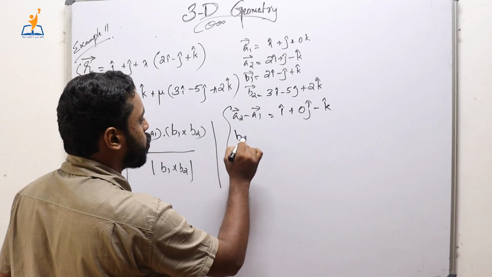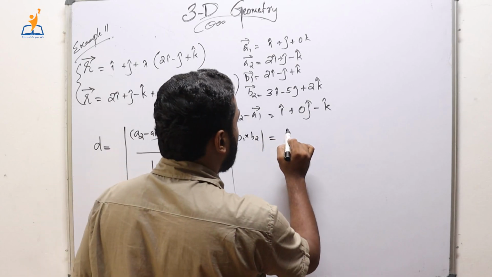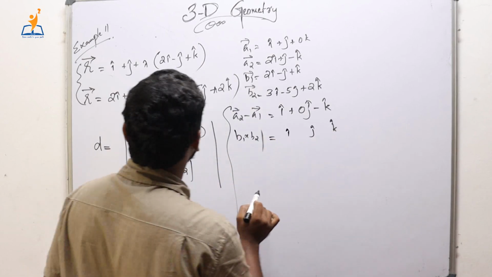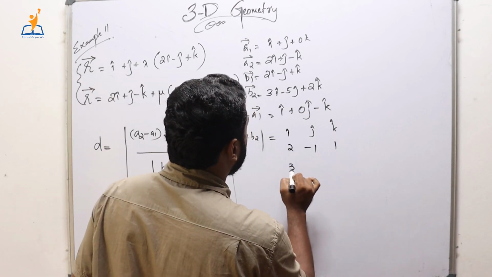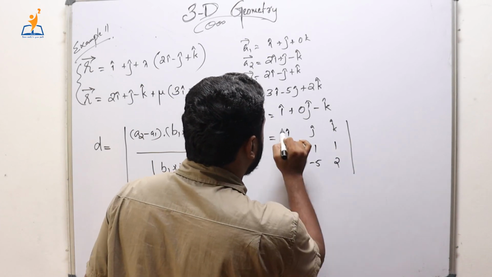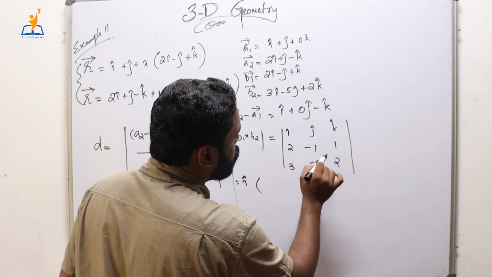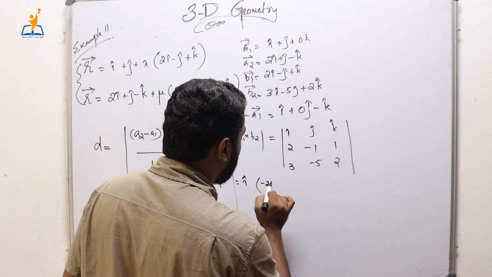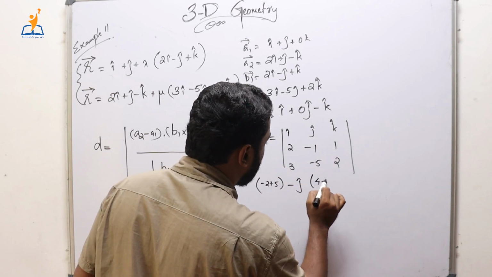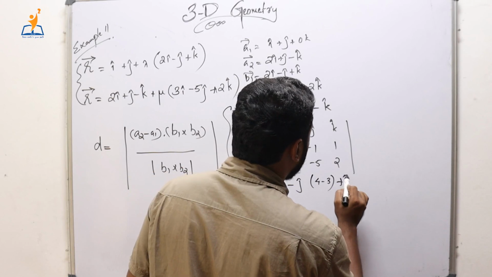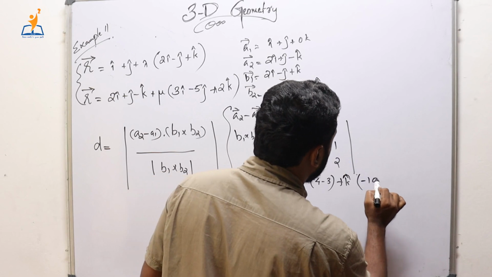Now B1 cross B2, this is a little bit time consuming. B1 cross B2 is nothing but the determinant with I cap, J cap, K cap, and the coefficients of B1 and B2: 2, minus 1, 1, 3, minus 5, 2. It is equal to I cap into minus 2 minus minus 5, that is minus 2 plus 5, minus J cap into 4 minus 3, plus K cap into minus 10 minus minus 3, that is minus 10 plus 3.